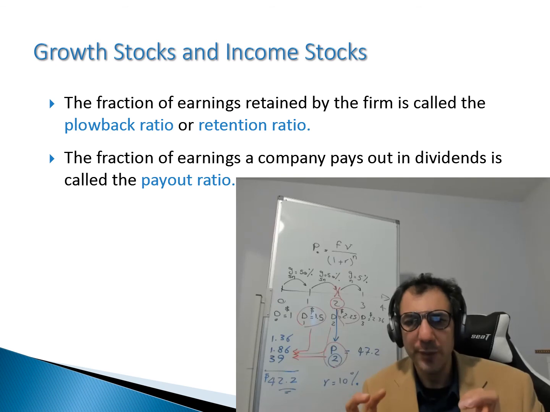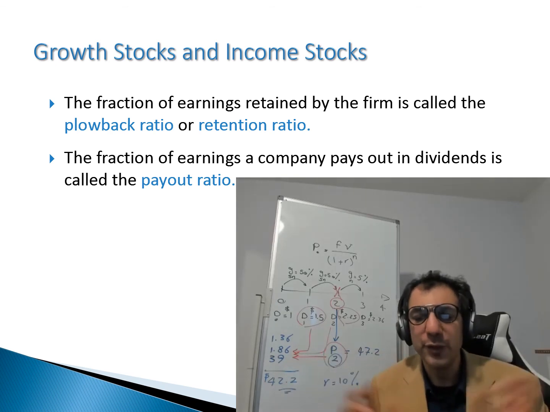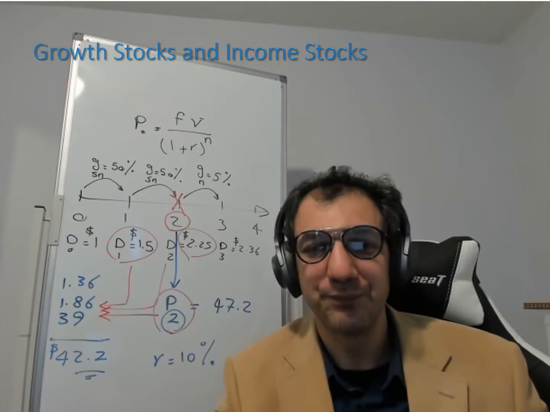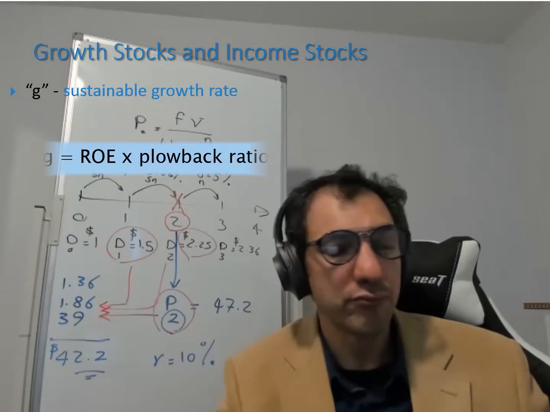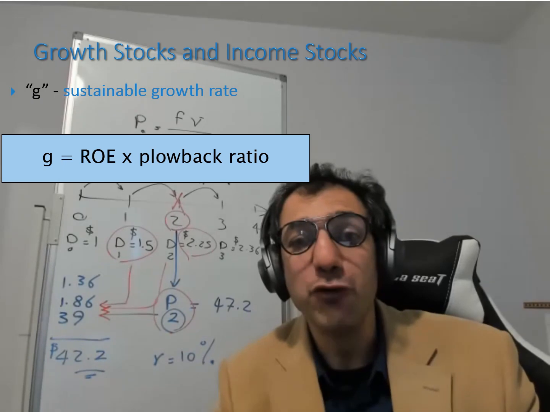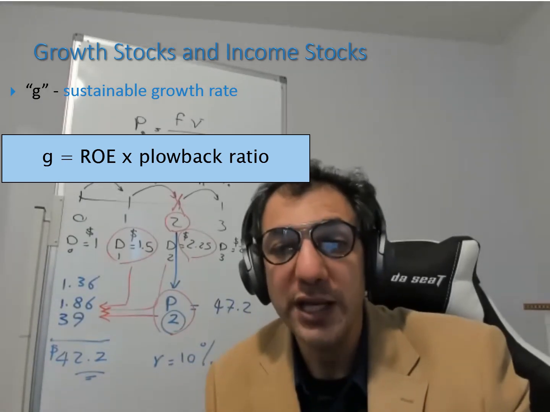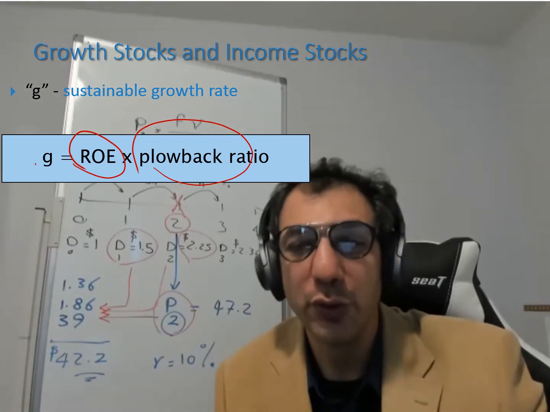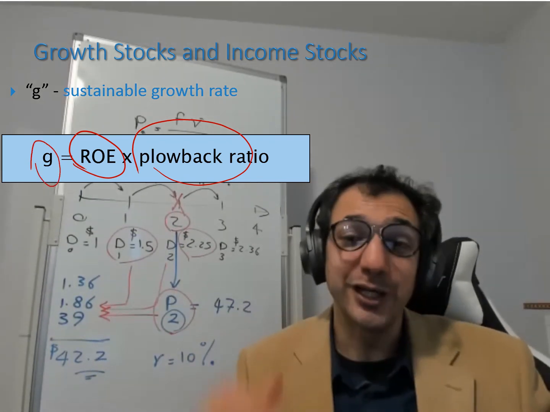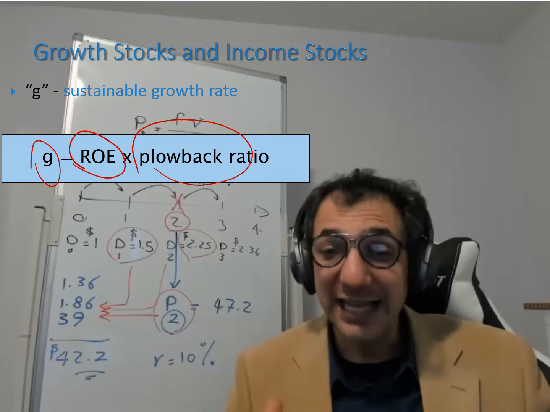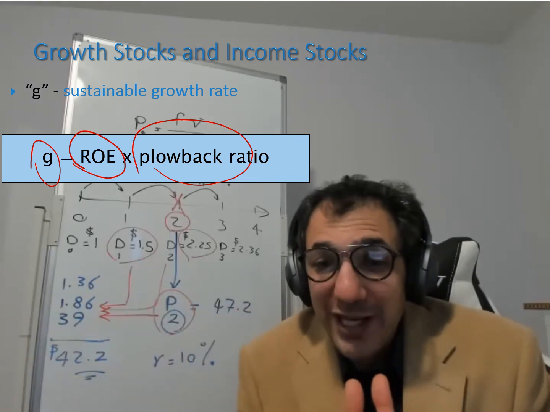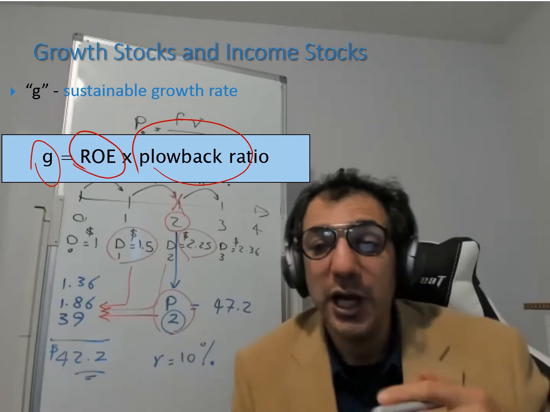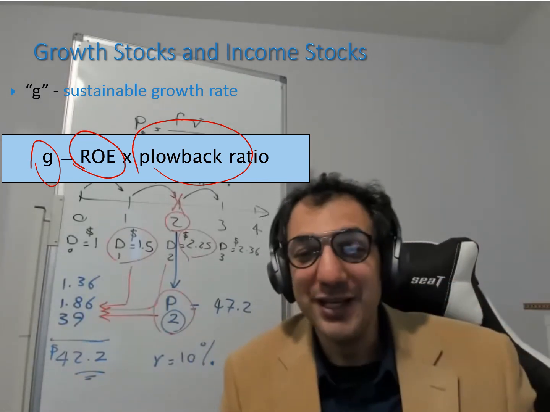If we put these two pieces of information together, we can find the growth rate of the company. As you see, if you multiply the ROE, return on equity, times the plowback ratio, you can find the growth rate. As the return on equity goes up, and as the money left in the company goes up, the company is holding more cash, and the expected growth rate should be higher.